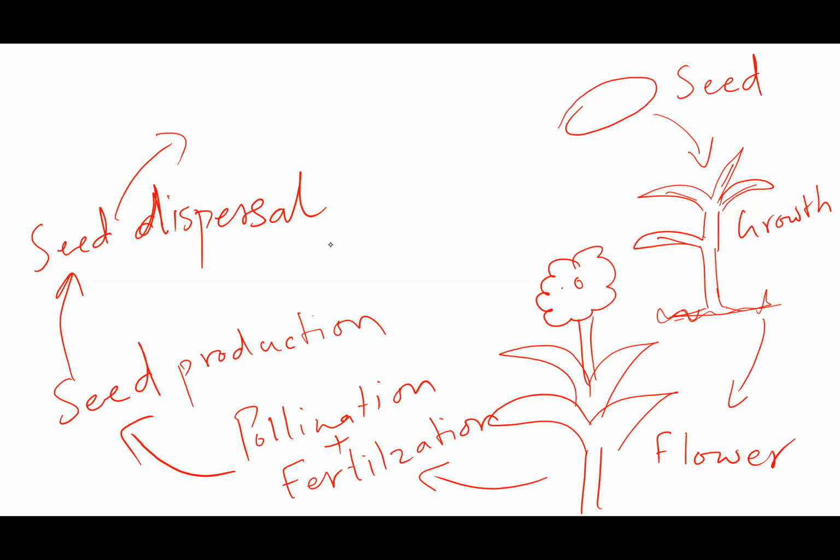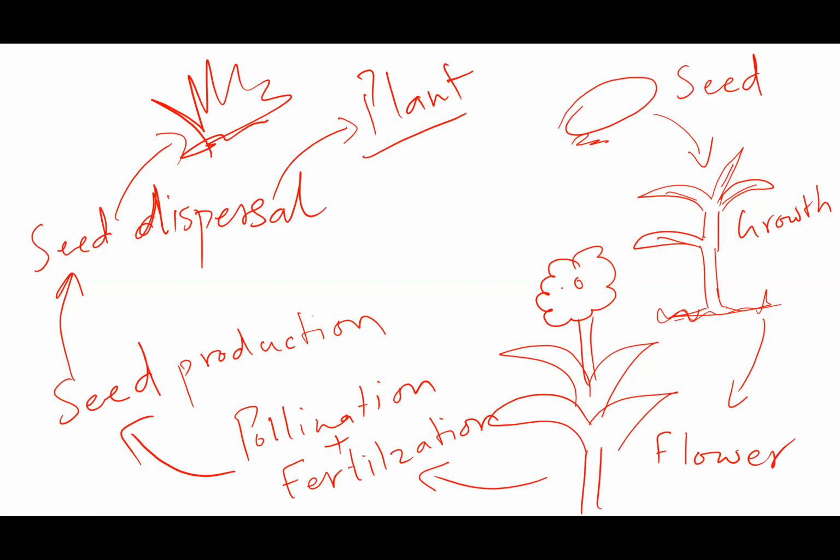So after the seed dispersal, the job of this plant is done, because it is actually the parent plant which is producing the seed. We call it a parent plant. So this plant is going to die now, and these dispersed seeds will grow into a brand new plant. Now this plant will again produce seeds, and it will again grow, produce a seedling, and then the flower.